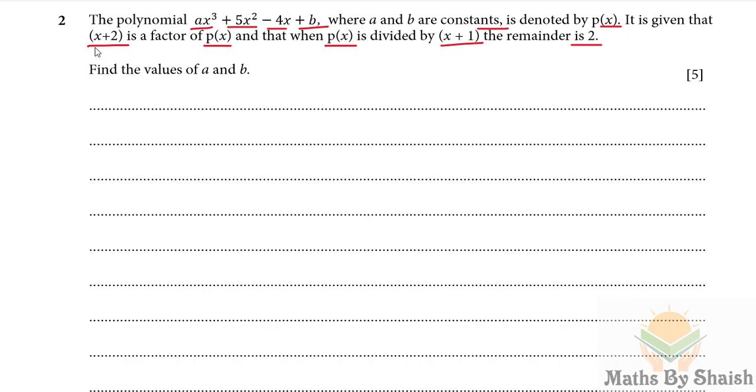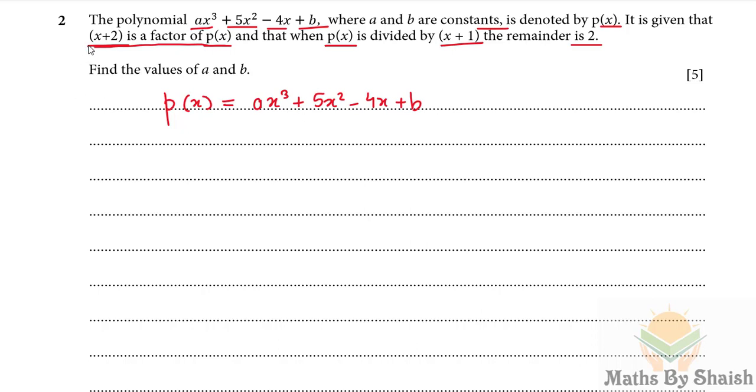So for the first case we'll use the factor theorem. If x plus 2 is a factor, it means p of the solution of x plus 2 equals 0 would be 0. First of all I'll write p(x), because it is given that this polynomial is denoted by p(x). So p(x) equals ax cube plus 5x square minus 4x plus b.